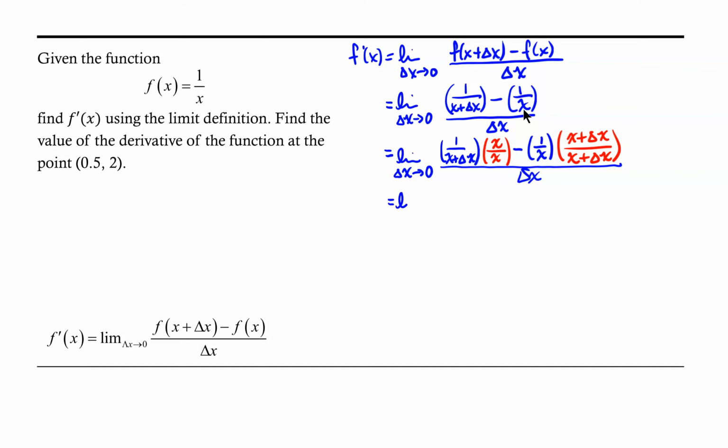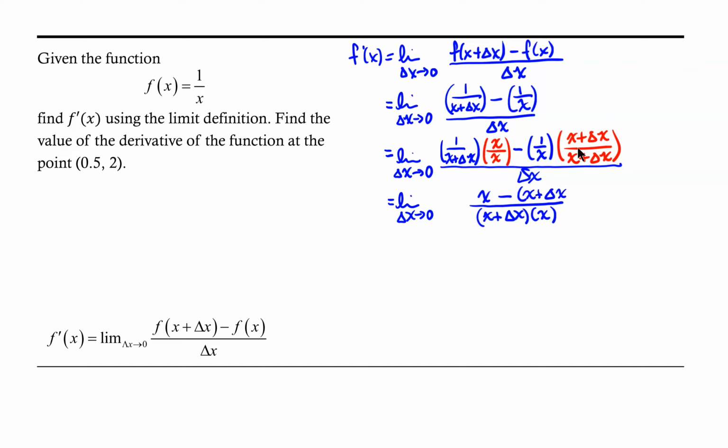Continuing on, the limit as delta x goes to 0. In my numerator, I have a common denominator now. That common denominator is x plus delta x times x. The numerator from this first term is simply x, minus, and then the numerator from this second term is x plus delta x.